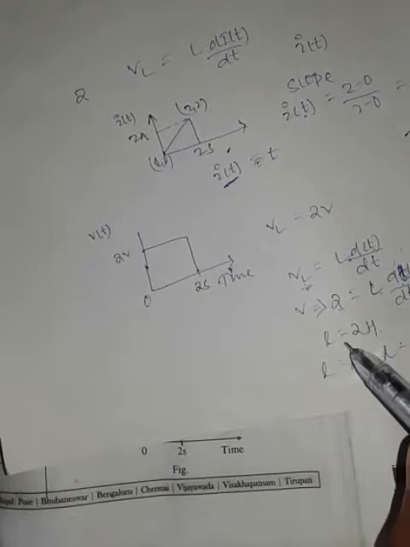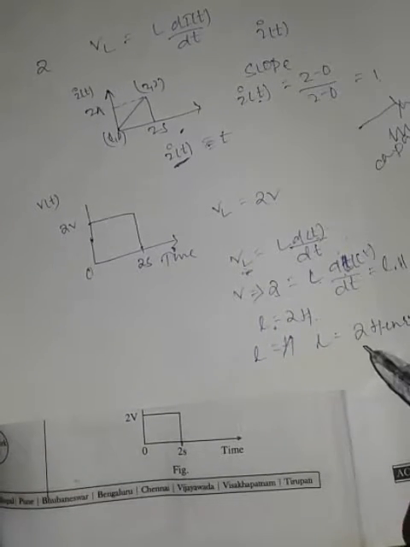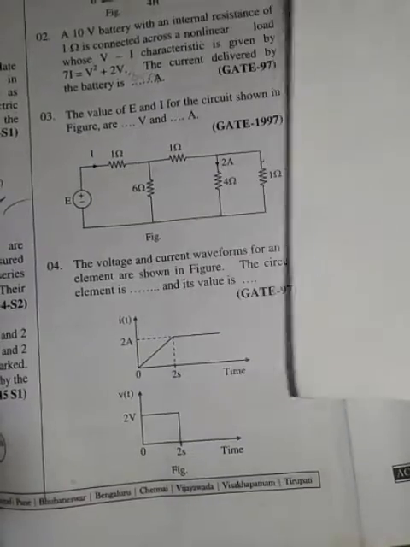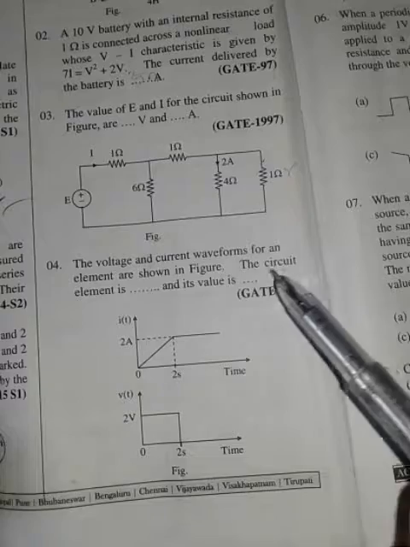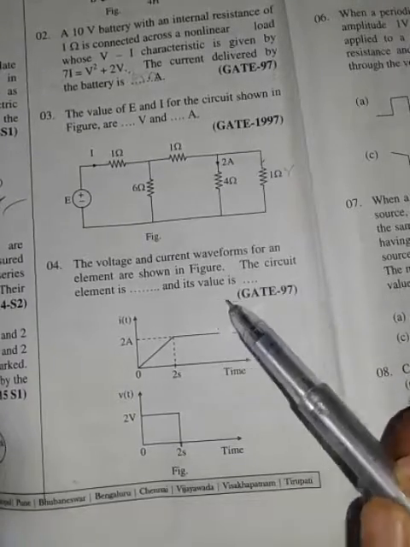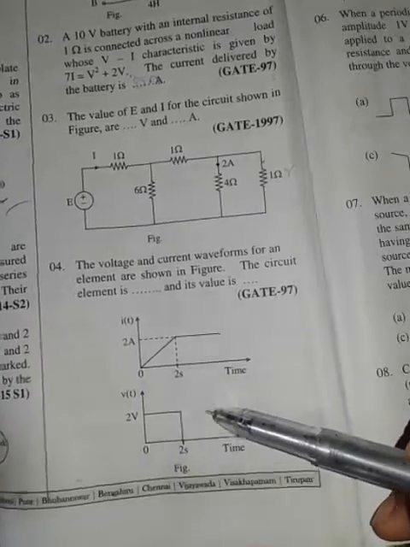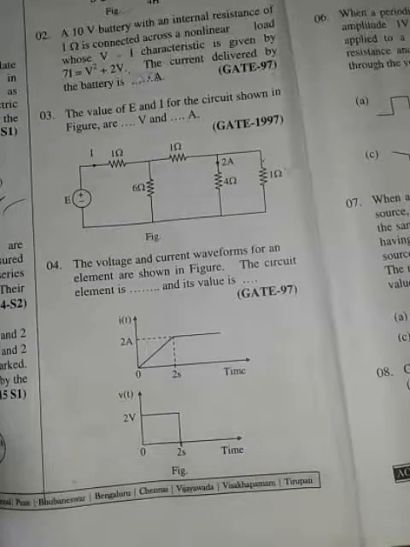So 2 is equal to L. So L is equal to 2 Henry. So in the figure the L value is 2 Henry, because they are asking what the element is, and since only the current changes, it's an inductor, and its value will be 2 because we have calculated it from the formula.